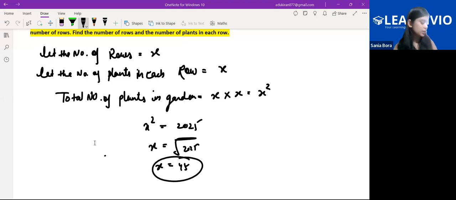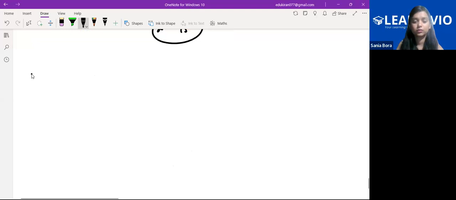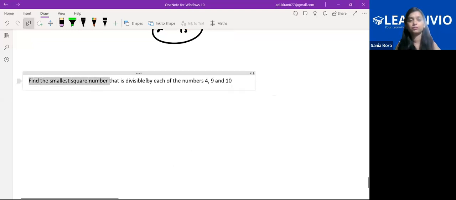Okay, now let's come to the next one. Let's see how you people do it. Find the smallest square number that is divisible by each of the numbers 4, 9 and 10.